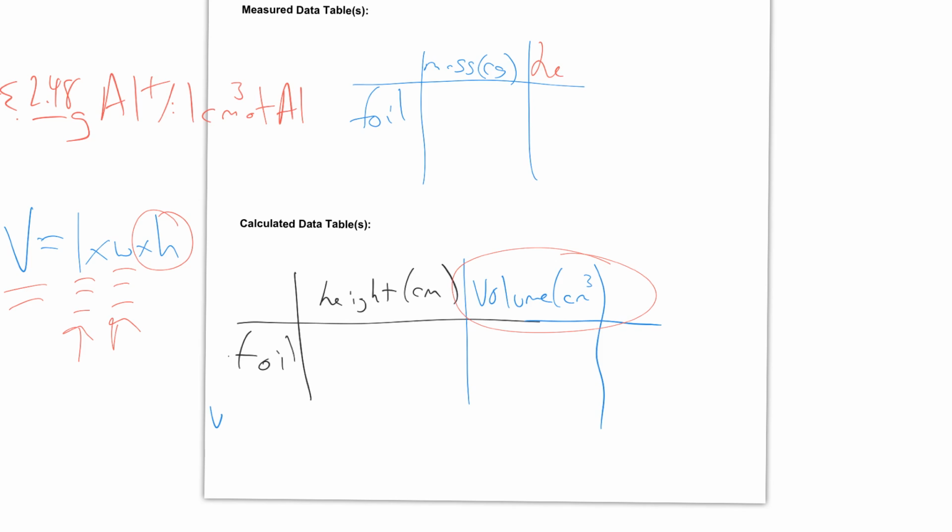So here's our length in centimeters, and our width in centimeters. From that, we can calculate the height over here, and the volume is something that we can get from here. So I think that's everything we need.